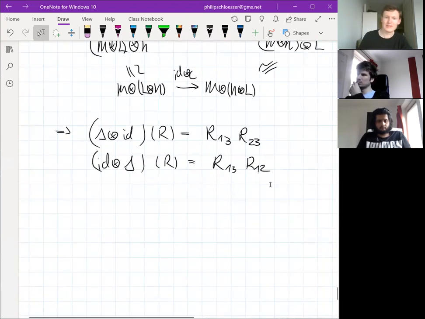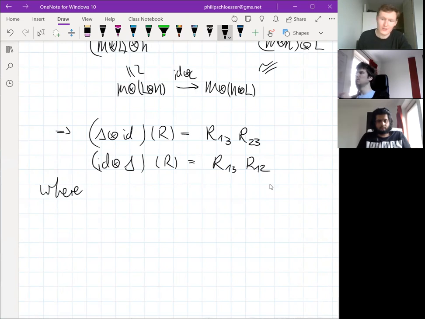What are R with those two weird subscripts? This is where we appreciate that we usually work with functions that combine stuff.